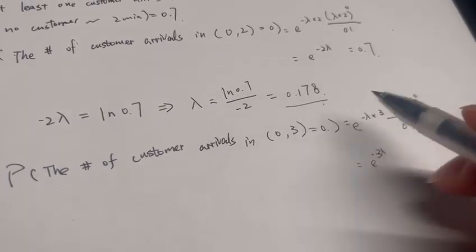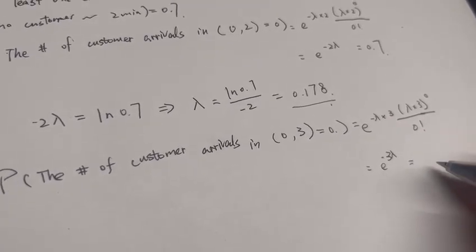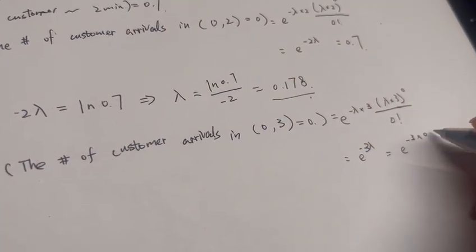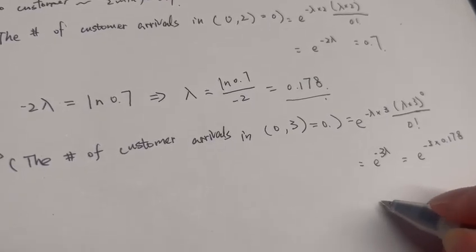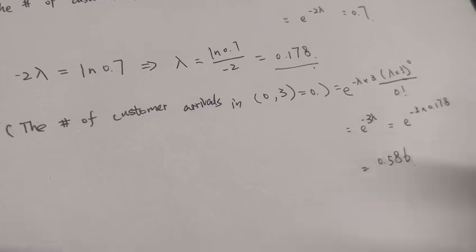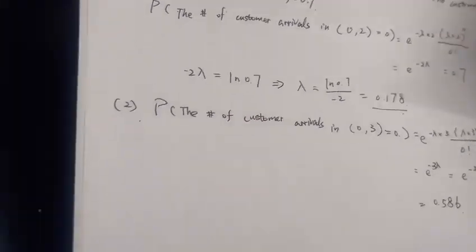Since we already know the value of lambda, we can put it into this equation, which gives 0.586. I've already calculated that.